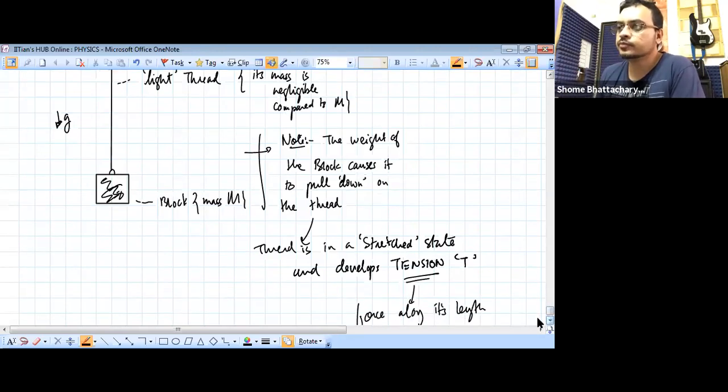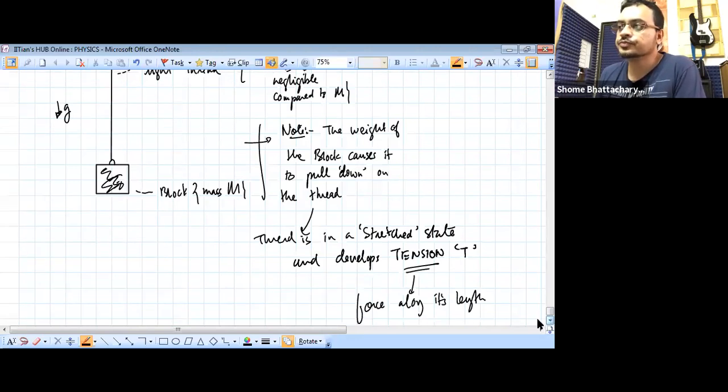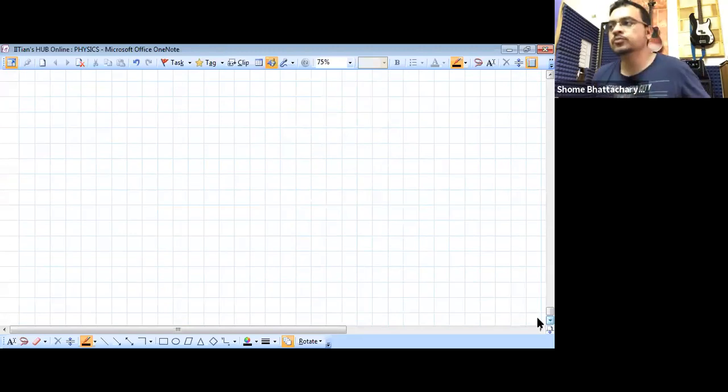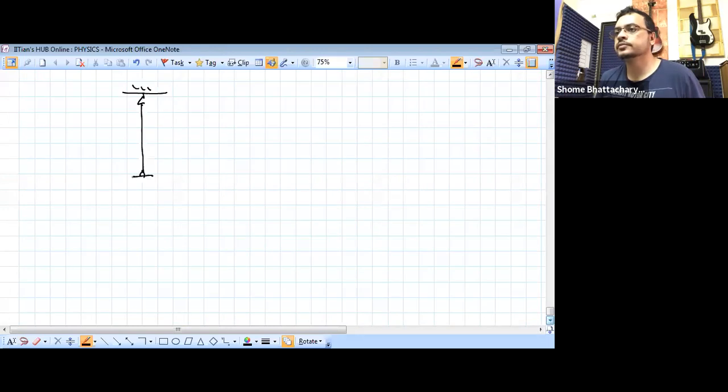Okay, so written this down. So now if you see what is happening within this system, if you see the thread itself, just the thread, इस पे नीचे की तरफ एक फोर्स लग रहा है बिकॉज ऑफ द ब्लॉक, और ऊपर की तरफ एक ऐसा फोर्स लग रहा है.